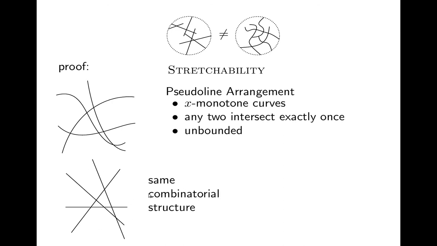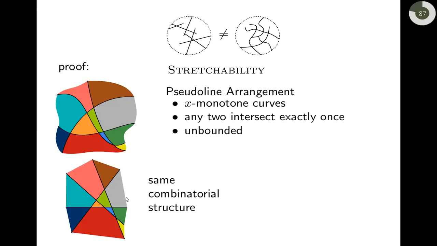I dislike the phrasing "same combinatorial structure" a little, because it's not clear to me what this means. But what is meant is that the face structure is exactly the same. So you see here, for instance, this gray face is adjacent to the green, brown, and dark green face, and here the same. This gray face is adjacent to the green, dark green, light green, and brown face.